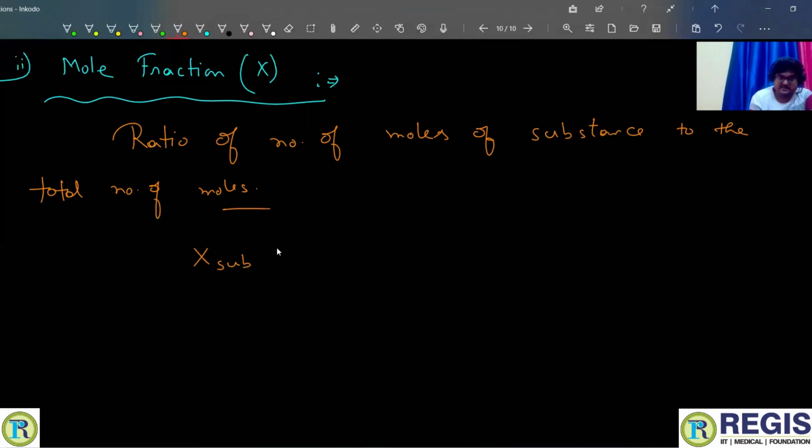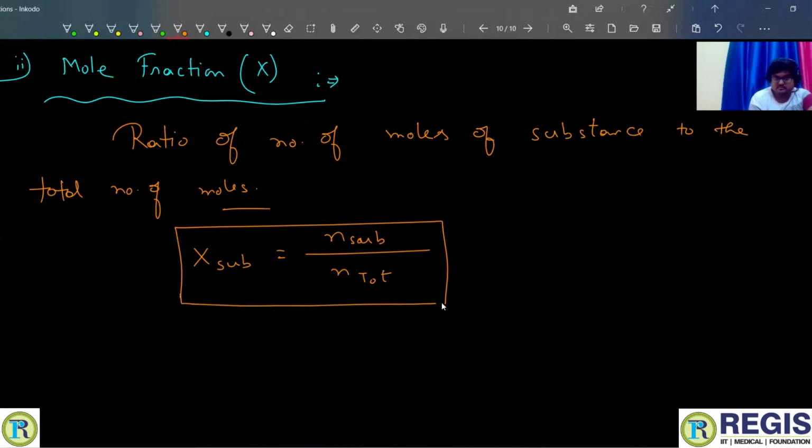Mole fraction of substance is equal to number of moles of substance by n total. N total represents total number of moles.